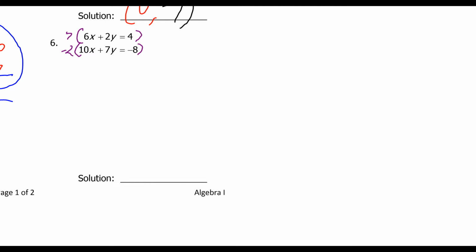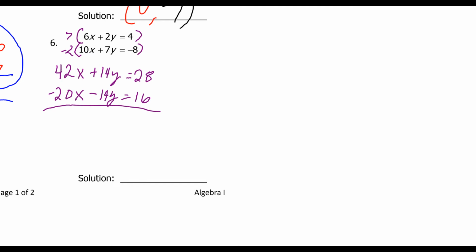Okay, and whenever I go to do this, that's going to wind up being 42x plus 14y equals 28. And then I'm going to have -20x minus 14y, which is going to equal 16.